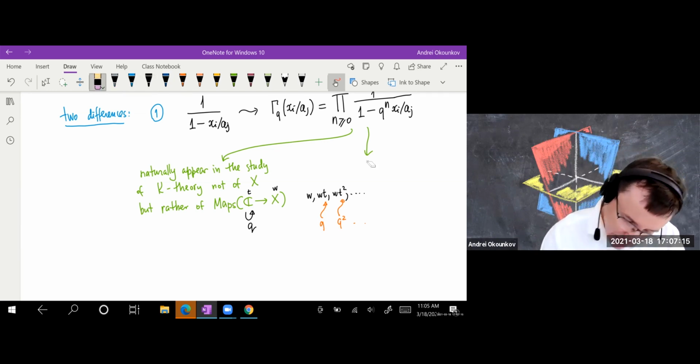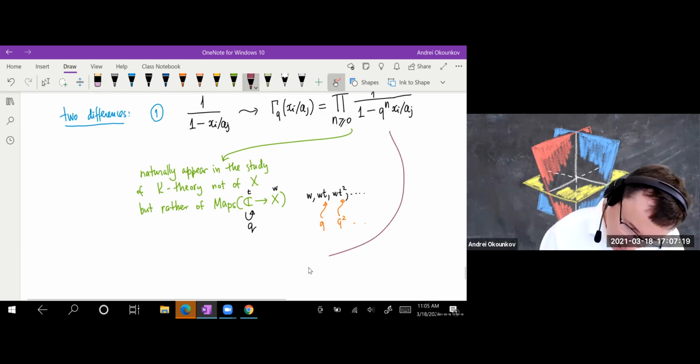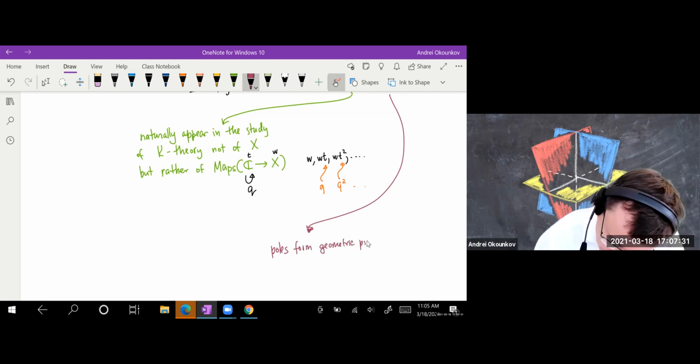And the second observation is that if you look at this expression, the poles, instead of being a finite set, form obviously geometric progressions with denominator Q, right?